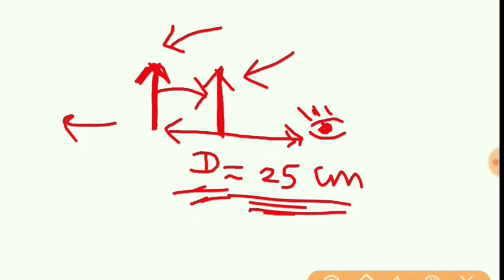You just try by taking a pen or pencil and keep that pen or pencil very close to your eye, that means a distance less than 25 centimeter. Keeping that distance, try to observe the pen or pencil. You will find that you are not able to observe it clearly.